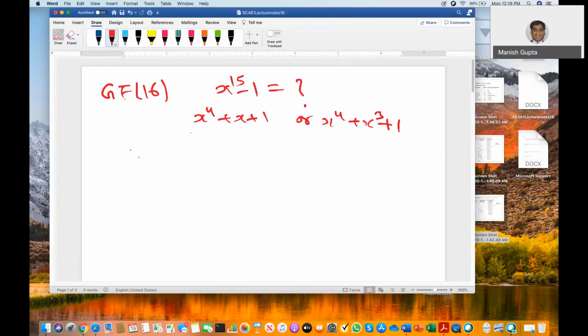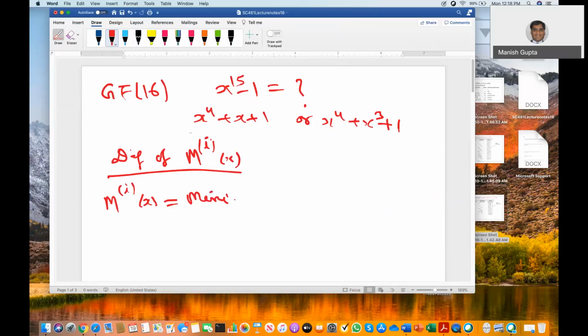I've already shown you the theory, but the definition of m_i(x), which I have used here, is the minimal polynomial of alpha raised to i in the field with p raised to m elements.